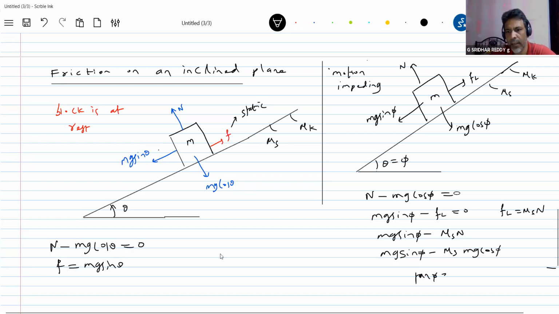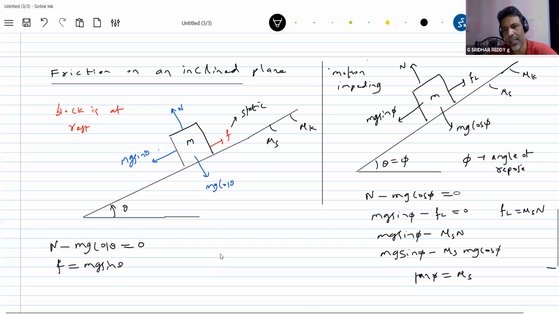So tan phi is equal to mu s. This particular phi I give the name angle of repose. So the angle of inclination at which the block has motion impending, or is about to shift, that particular angle of inclination we call the angle of repose.